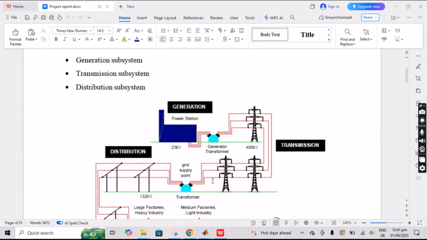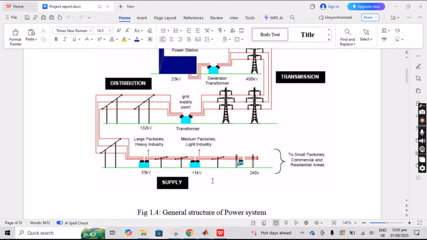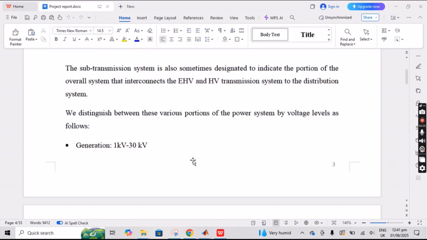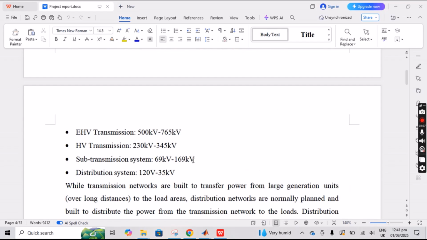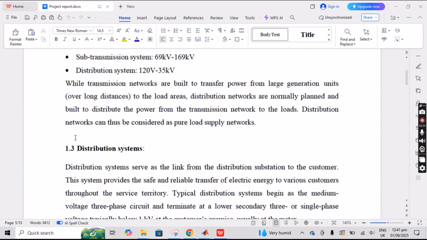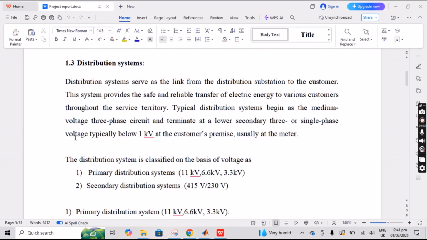These are the transmission power, and the transmission power is basically the Indian structure of power, like 33 kilovolt, 11 kV, and 240, depending on the different grid stations: distribution, generation, transmission, and supply as well. Next is the distribution system.